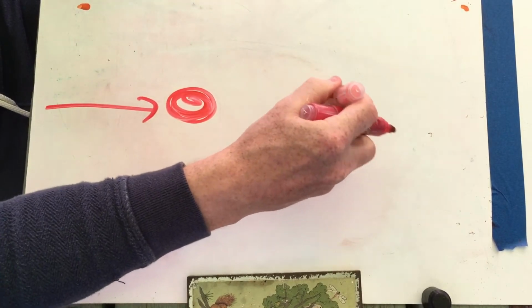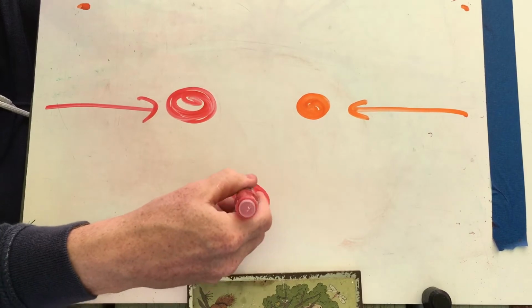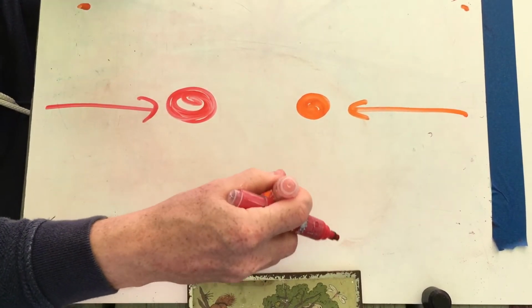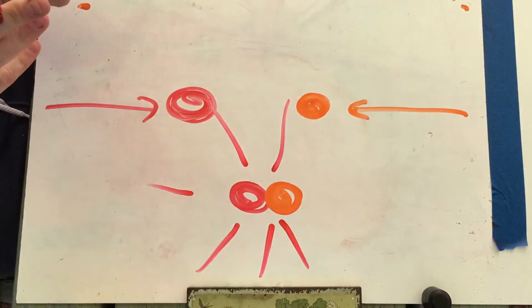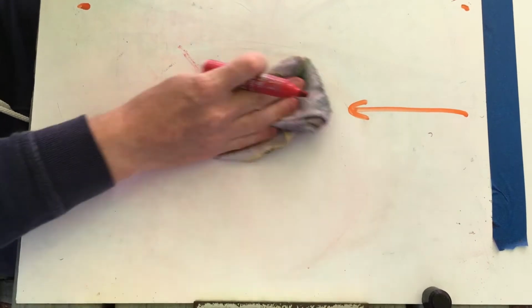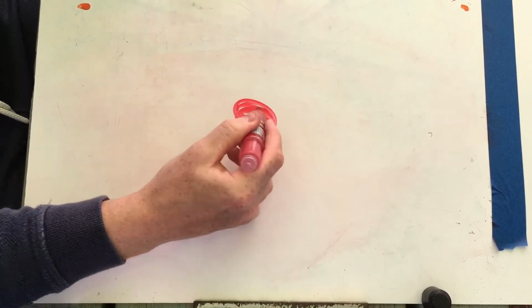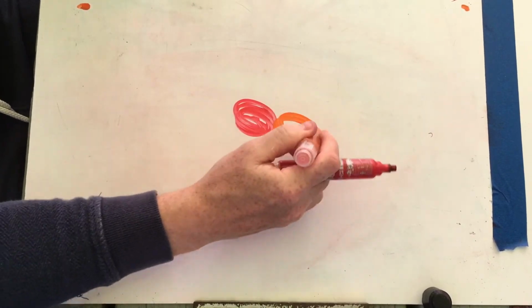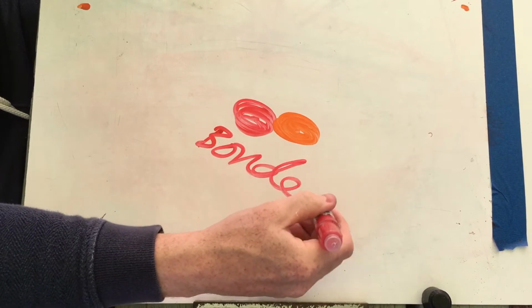However, if you give a particle or an atom enough energy to collide, you may reach the activation energy, which means enough energy for it to react. So you have a new product formed. So when you've got this new product, this red atom and the orange atom collided with enough force, they became chemically bonded.